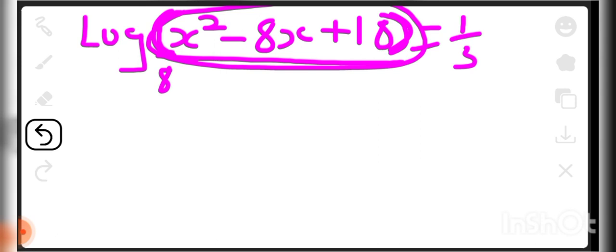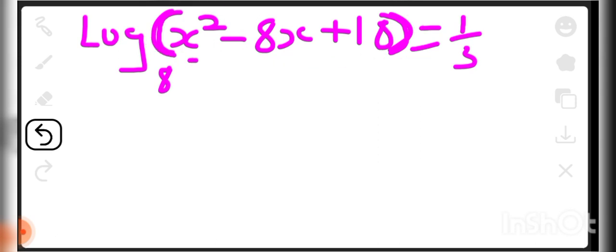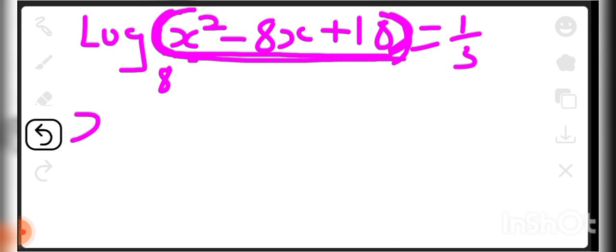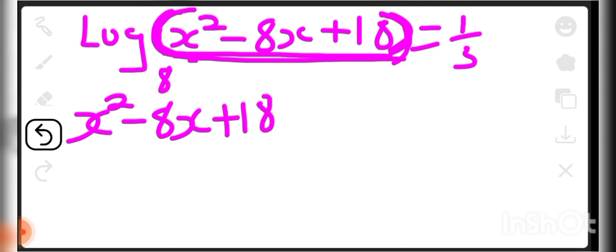So remember what we were doing the first time. Anything in this place is a single thing. This one is acting as a single unit because of this bracket. So this, x squared minus 8x plus 18, is acting as one.